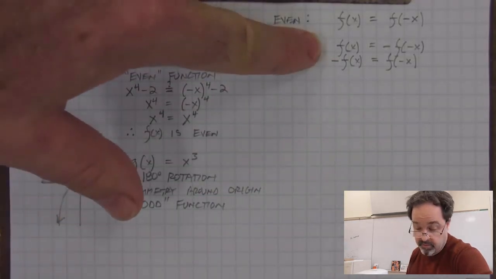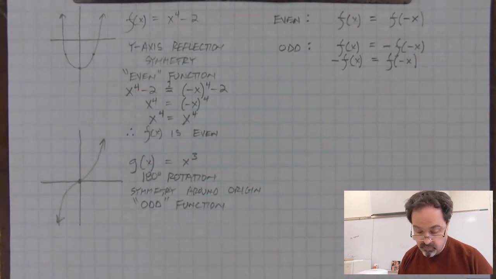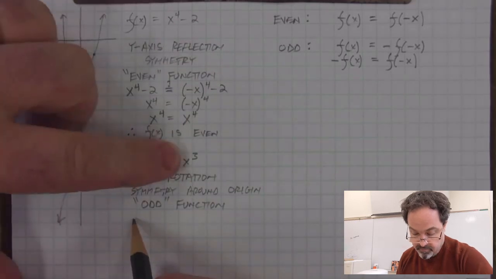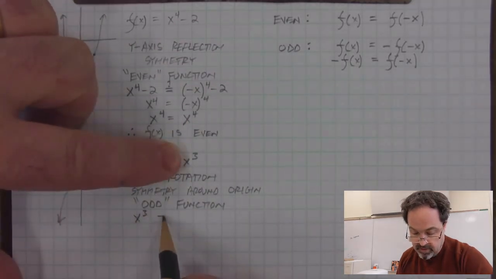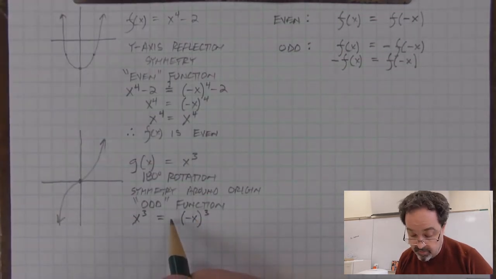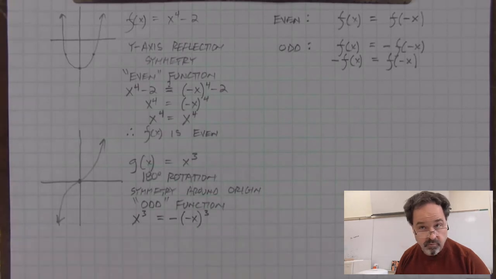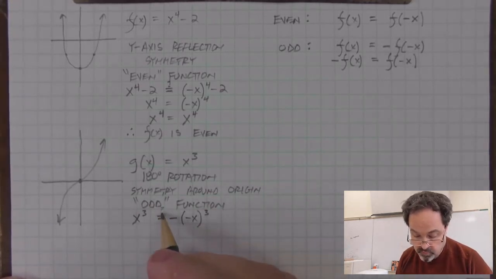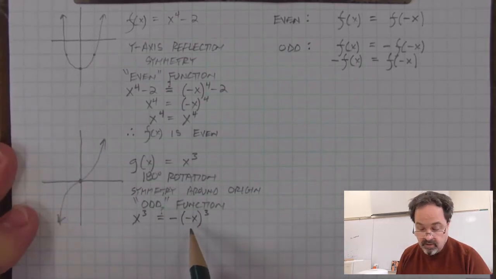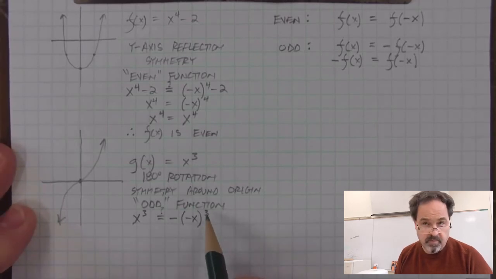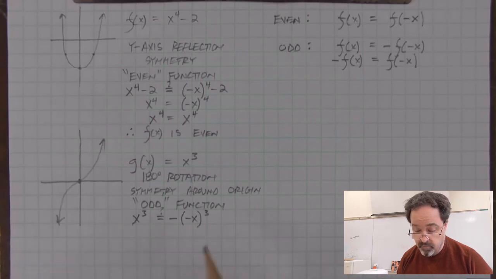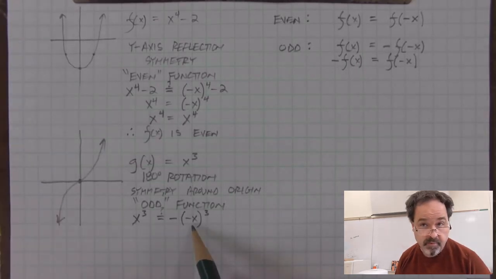Well, proving it would be setting up this algebra and then demonstrating that it's true. Setting up that algebra means that I take the expression for the function and set it equal to itself after making x negative and the entire function negative. Those two transformations. Is this true? We'll put a question mark above the equals. Well, we're going to simplify the right side. A negative number cubed, that's times itself an odd number of times. So the first time we multiply the negatives, they'll cancel out and make it positive.